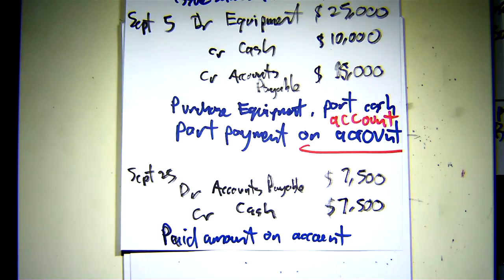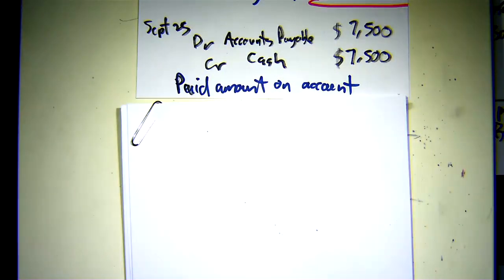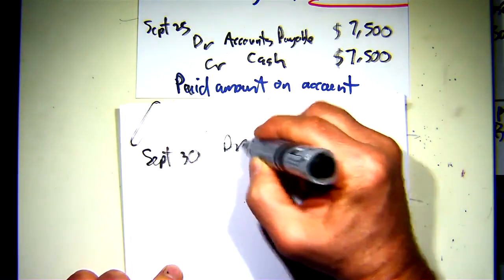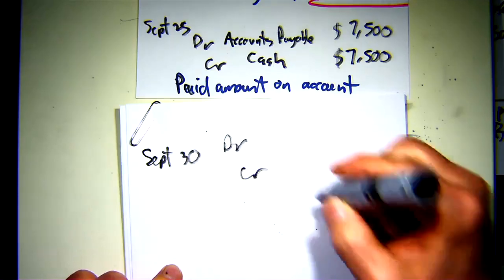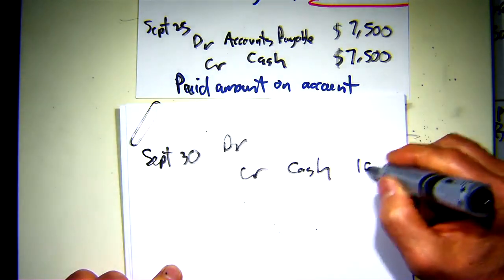Okay, all good. Then we've got one more transaction. We've paid a cash dividend on September the 30th. So we pay out cash, I'll credit cash, 1,000.